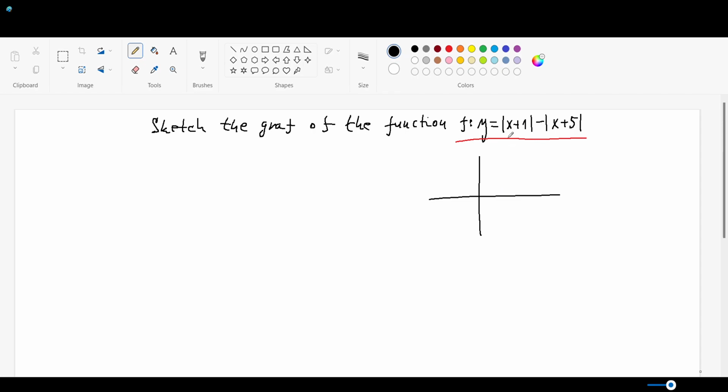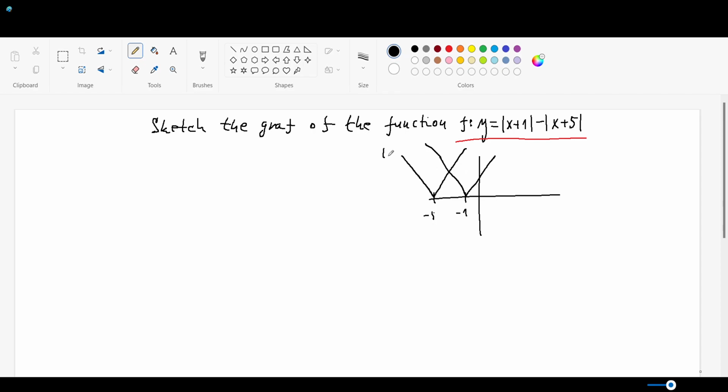We already know by using transformations that the first function will look like this, more or less, and the second function, as it is shifted 5 units to the left, will look something like this.